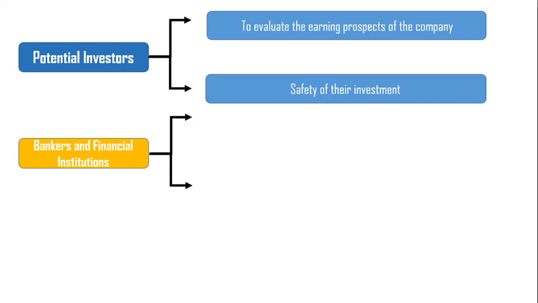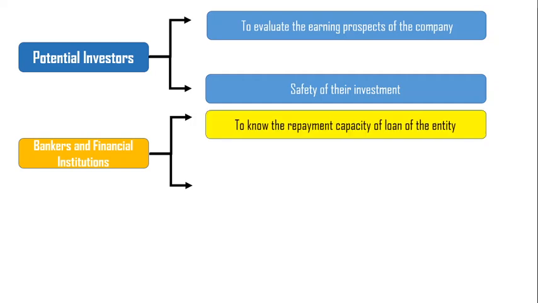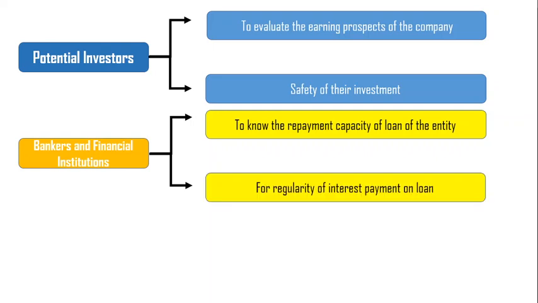And for that, of course, bankers need to know the repayment capacity of the business entity, how good they are, what their financial position is, and whether they are financially sound enough to pay the money after the stipulated time. They also want to know whether the interest they are getting will be regular or not.